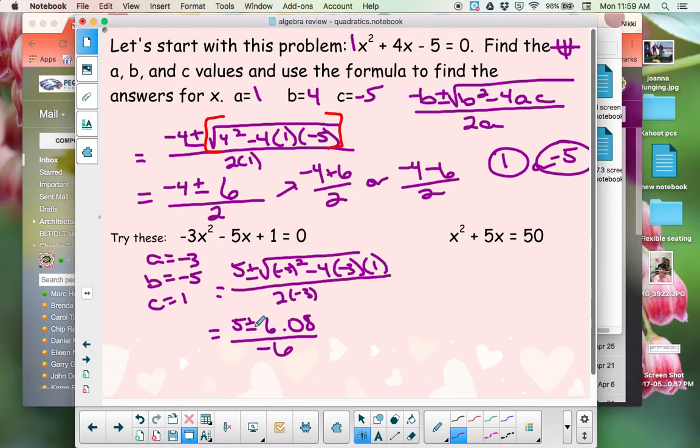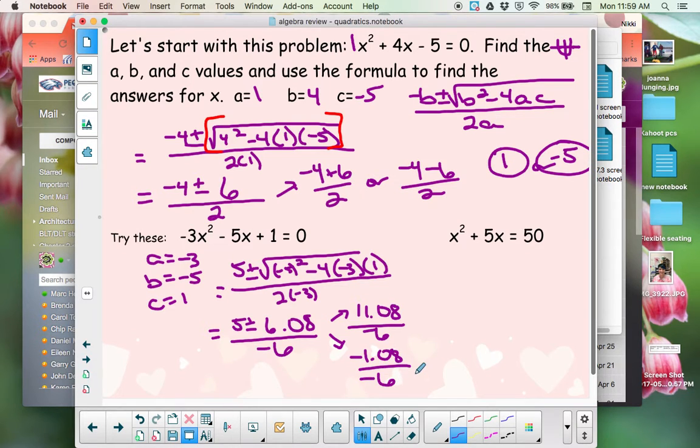And then we split it up into our two pieces, one where we use the addition and one where we use the subtraction. So if I add these two, I get 11.08 over -6, and if I subtract them, I get -1.08 over -6.